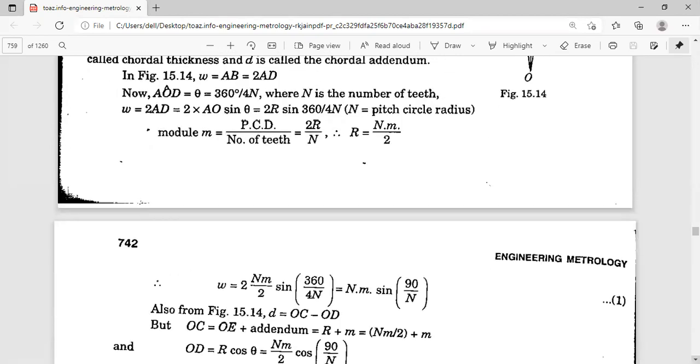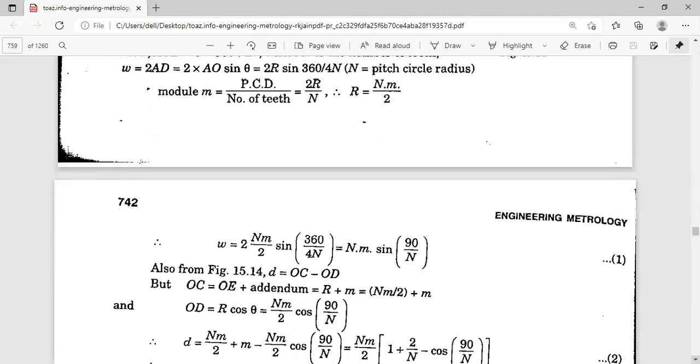What is addendum? Addendum you can take as one module. And what is OE? It is the radius from O to E. So OC is equal to R plus M. Again, R is equal to Nm by 2, so OC is Nm by 2 plus M.